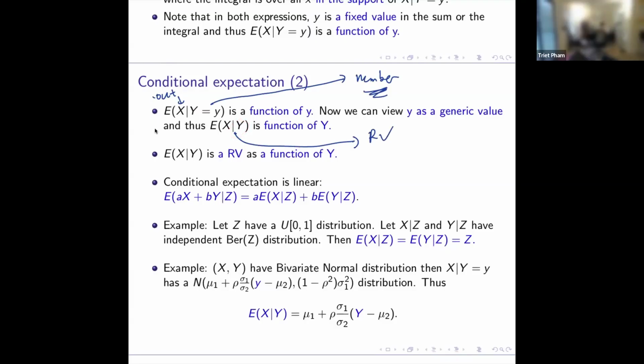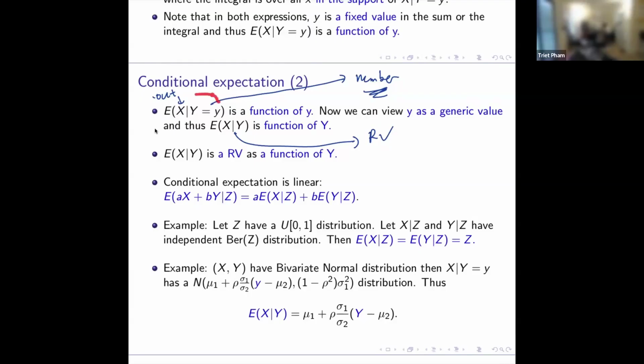A number is very different from a random variable. As an instance, 1, 2, 3, 4, 5, 6 are values that a dice throw can take. But 5 is very different from a random dice toss. So it's exactly like this.